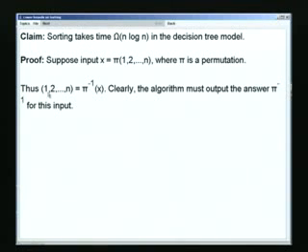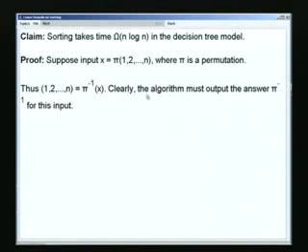Well, then 1 to n must be pi inverse of x, right? If I apply the inverse permutation on both sides, I will get pi inverse over here and 1 to n over here. So notice that when we do the sorting, we are actually supposed to compute this inverse permutation.